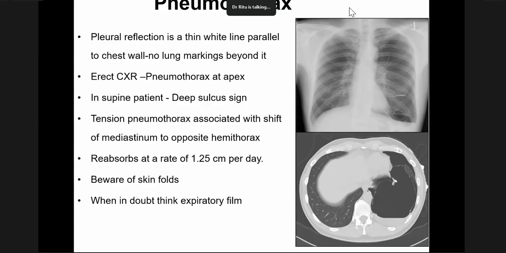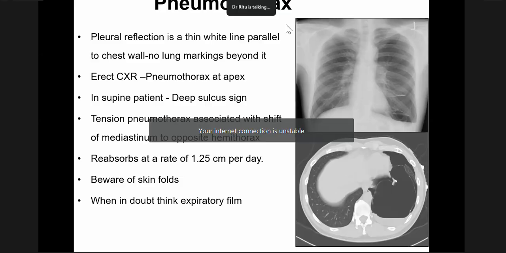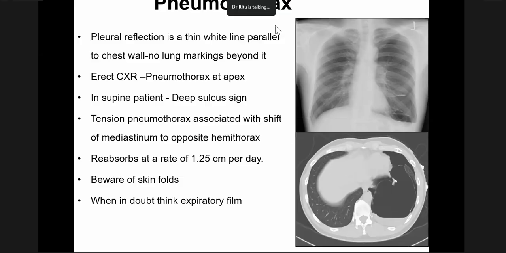Now, all of us have been caught off guard by skin folds, especially in older, skinny individuals. You can have loose skin, which can mimic a pneumothorax. So whenever you're in doubt, you think that there is a pneumothorax, but you're not sure, there is a solution.